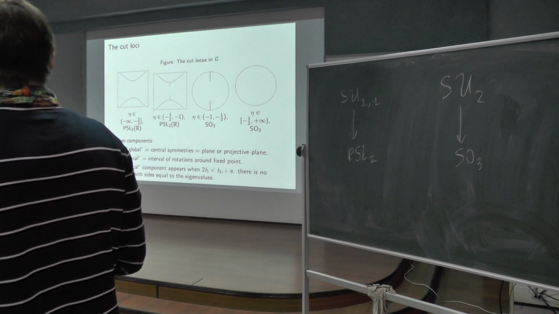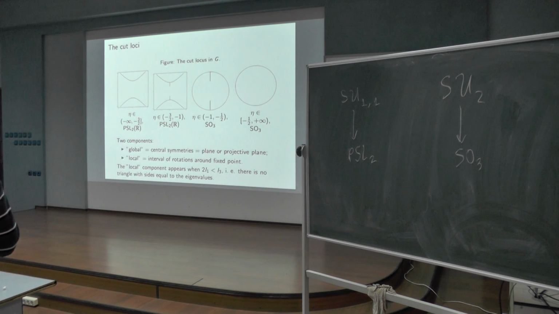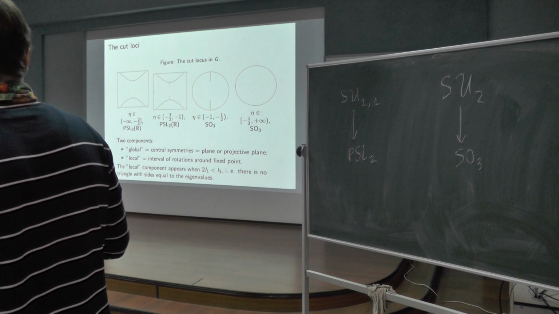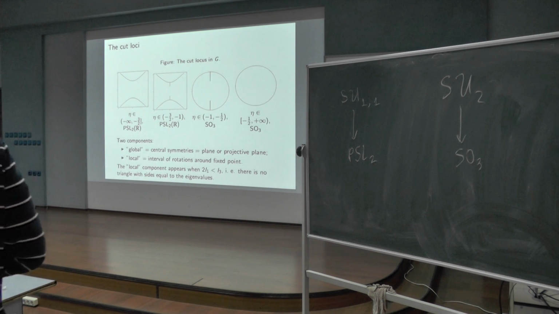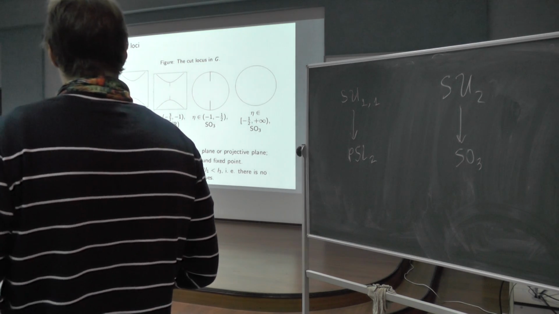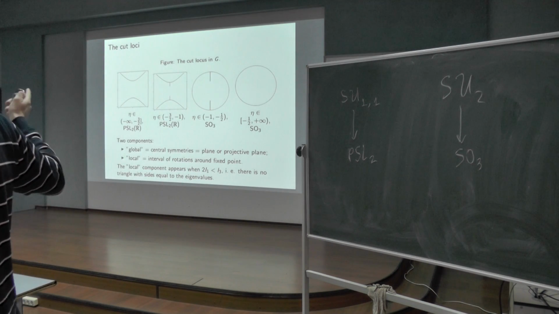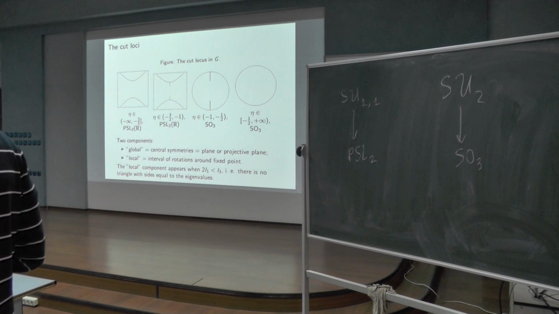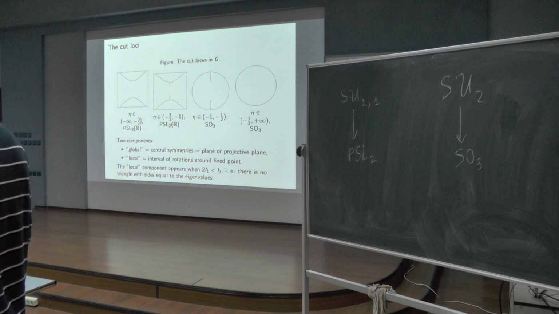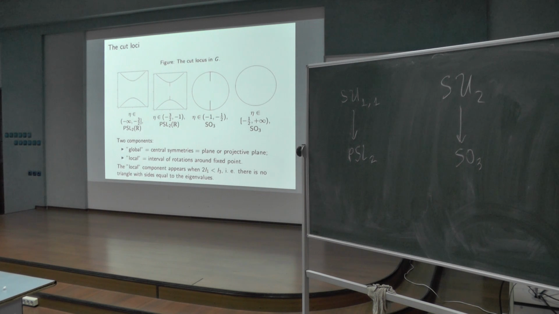And the local stratum is an interval of some rotation around a fixed point on our surface. And this local component appears only when there is no triangle whose sides are equal to the eigenvalues of our metric.